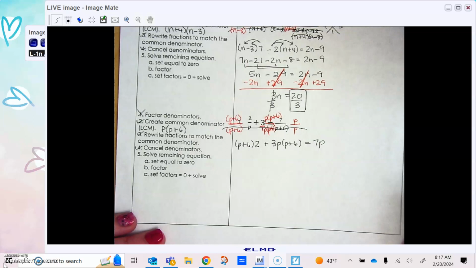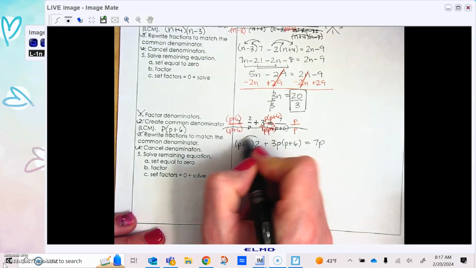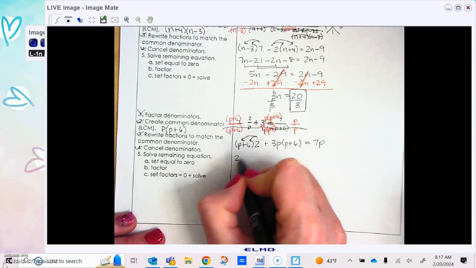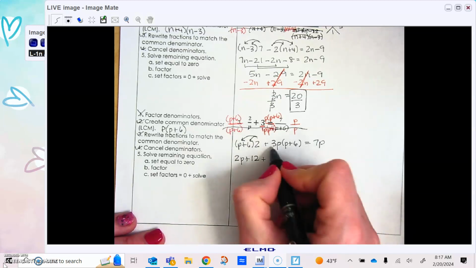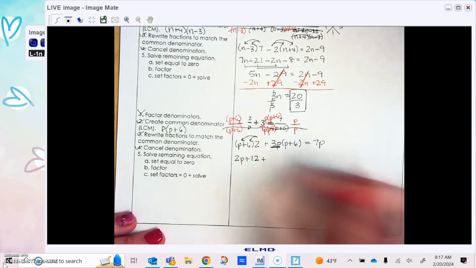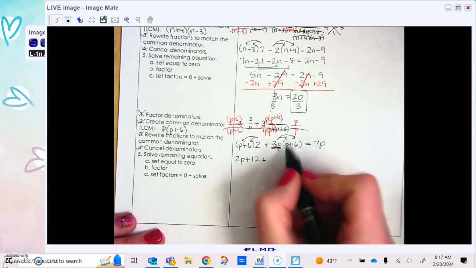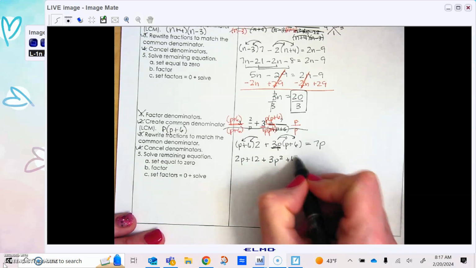So I'm going to do distributive properties where I can. I have a distributive here with this 2, distributing into both terms inside the parentheses. So 2p plus 12. In the second grouping, I'm actually going to distribute this thing, 3p. 3p times p is 3p squared, and 3p times 6 is 18p.